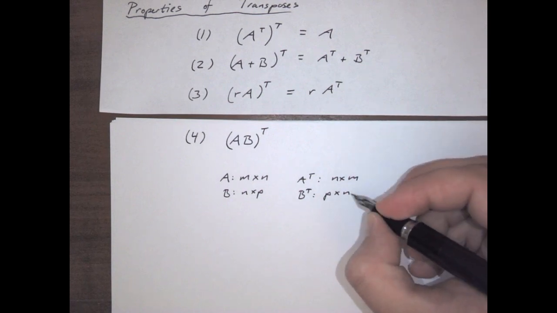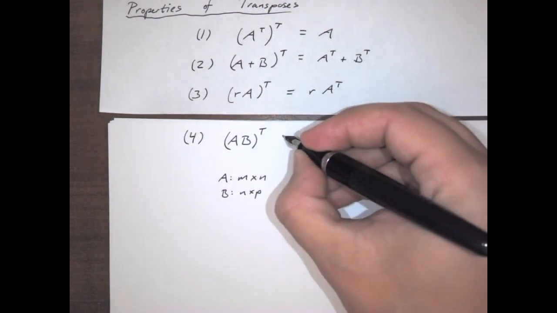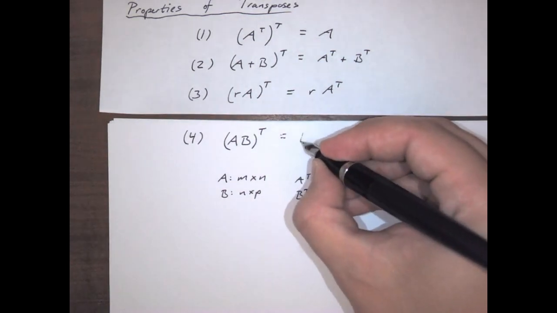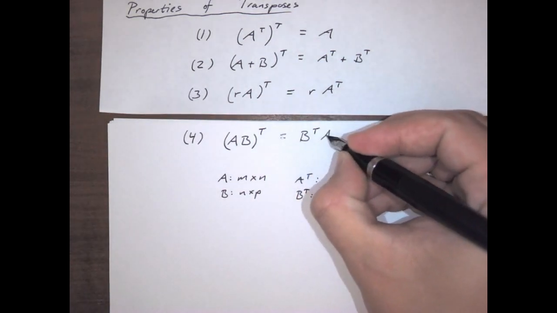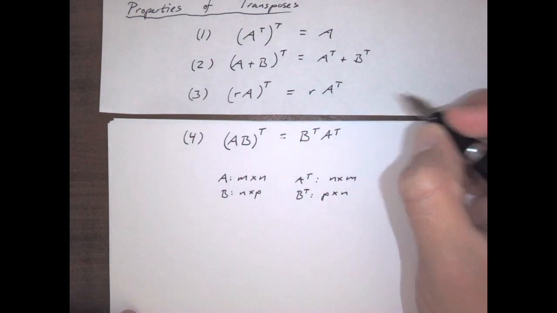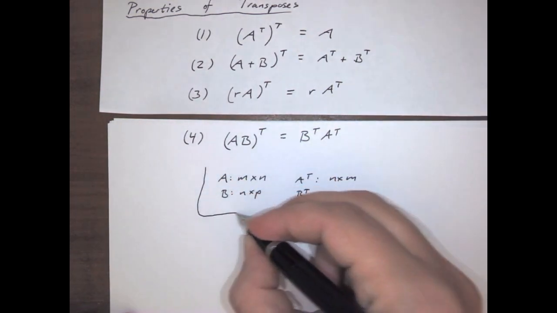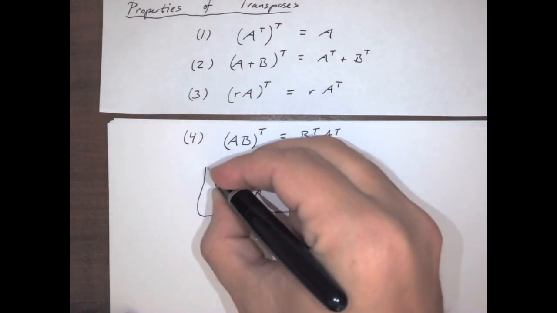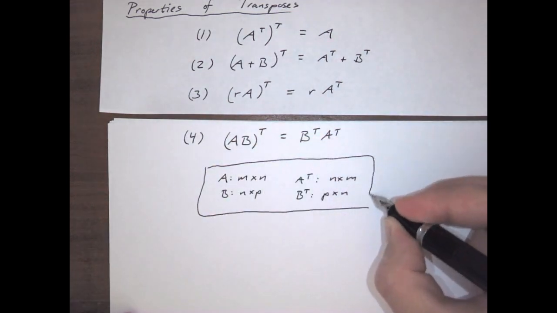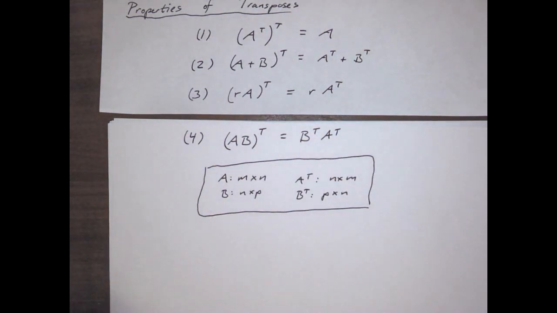However, if we reverse the order, then it would make sense. So then we can do B transpose A transpose. So this is like the equivalent of what you might do in a physics or an engineering class of dimensional analysis, just trying to figure out which direction even makes sense as far as the dimensions of things.